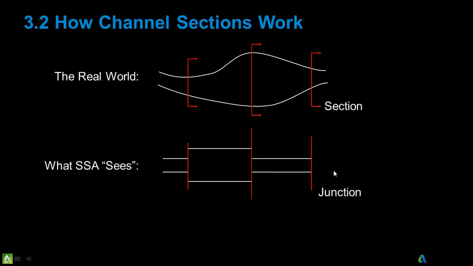So you can approximate the variety and complexity of open channels in a single line diagram in Civil 3D using polylines for the channel center line and blocks to represent the SSA junctions. Then you wrap the whole thing up into a shape file and shoot it into SSA.